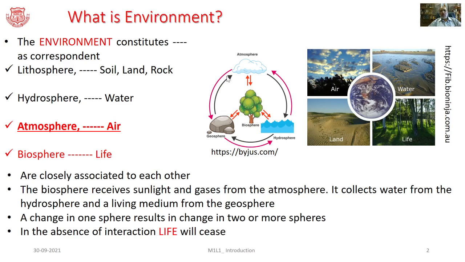As we see in this sketch, all these spheres are very closely associated with each other. Hence, if there is any change associated with any of the spheres, it will be reflected in an adverse manner on all other spheres.